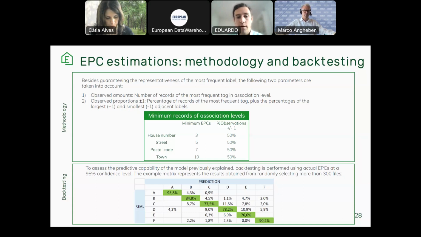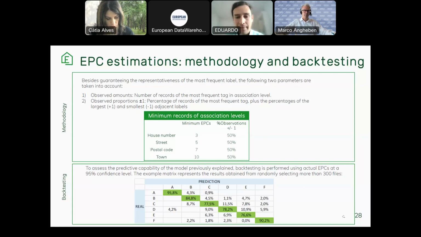And what are the minimum EPCs we need? That's what is exposed in this table. If we are going to base the EPC assignation on the same house number, the same building, then we need a minimum of 3 EPC labels. If we're talking about the same street, we go up to 5, up to 7 for the same postal code, and at least 10 observations if we're speaking about the town.